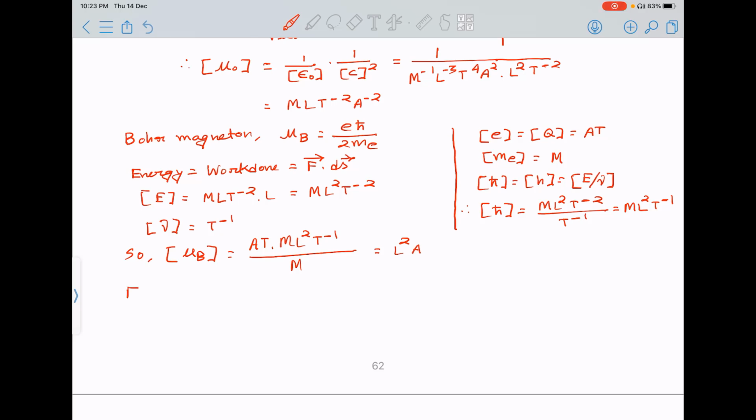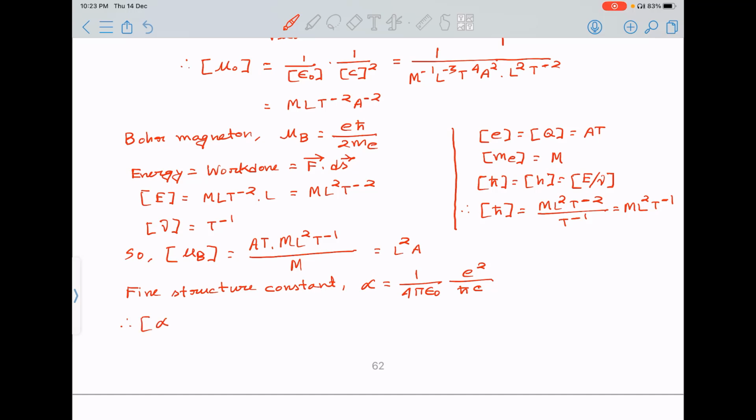The fine structure constant is given as alpha equals 1 upon 4 pi epsilon naught times e square upon h cross c. And we have already defined these dimensions.